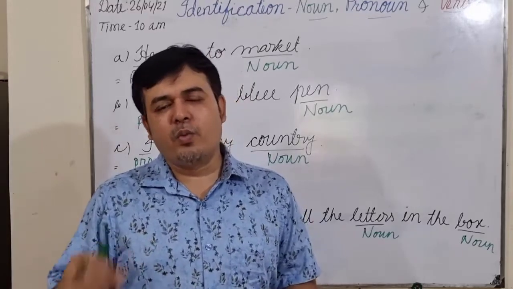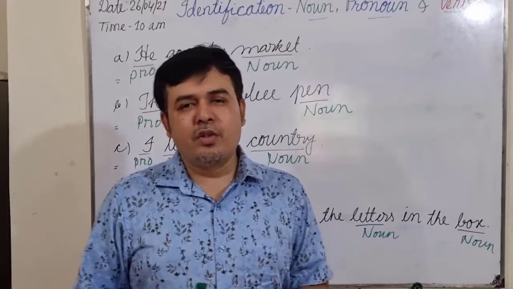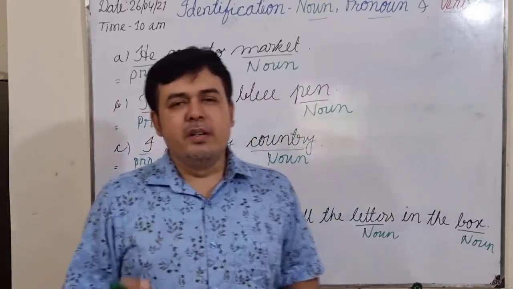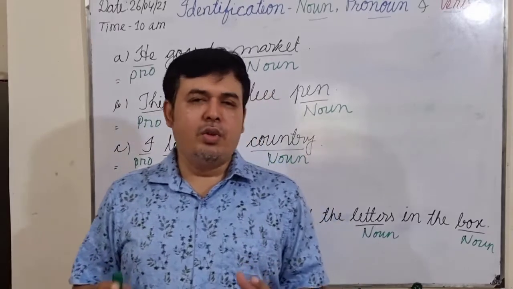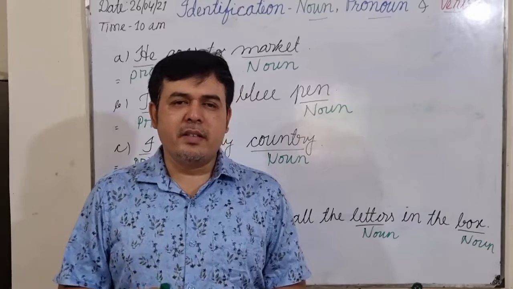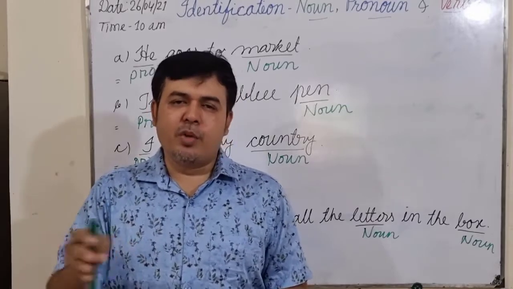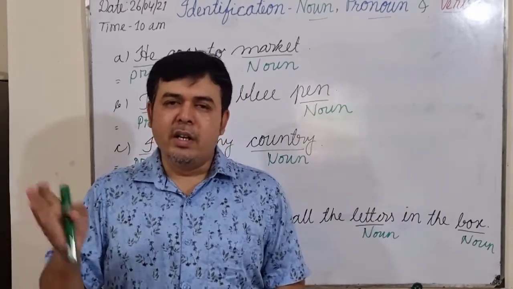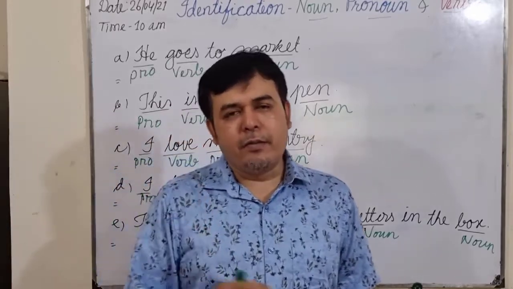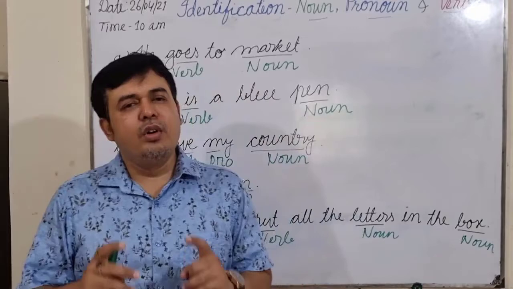Am, is, are, was, were, have, has, had. These are also verbs. These words sometimes don't express any action, but they create the sense of what the noun or pronoun is, or what the noun and pronoun have. So these are also verbs.